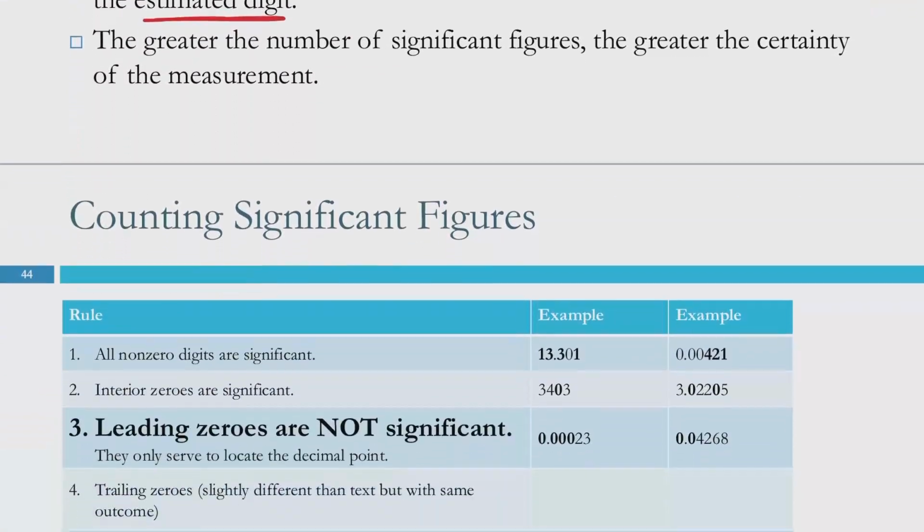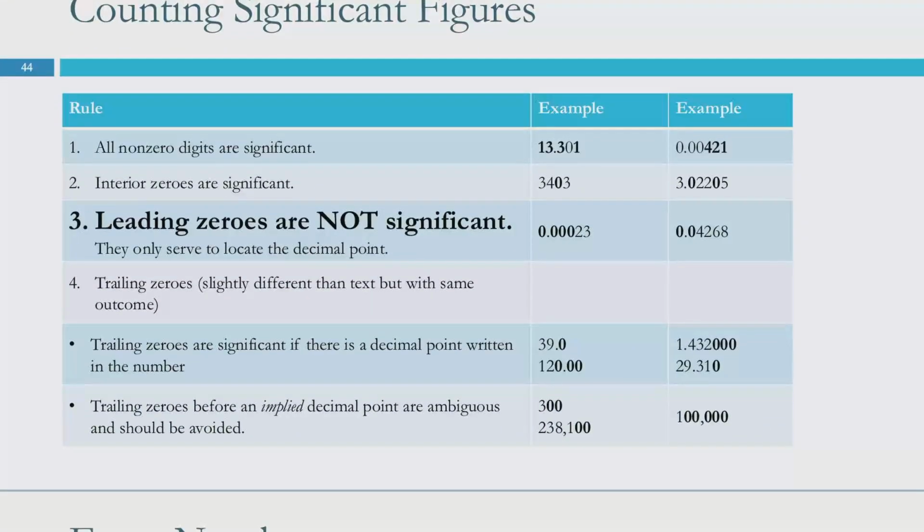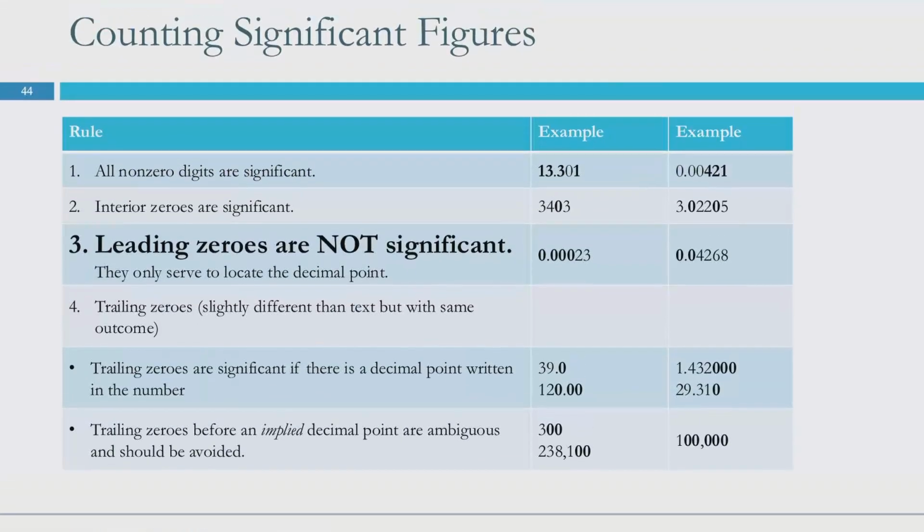So for counting significant figures, here's some rules. So we've got rules over here on the left, and we've got some examples, and everything that we're talking about in the rule shows up here as a bolded number. So all non-zero digits are significant. So any number 1 through 9 is always significant. So in our 13.301, we've got 4 non-zero numbers.